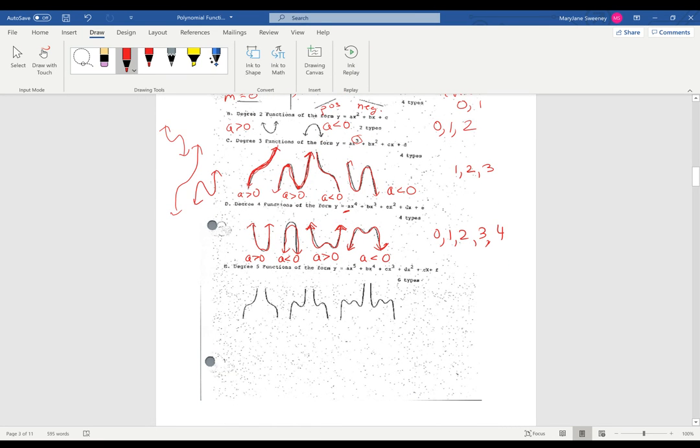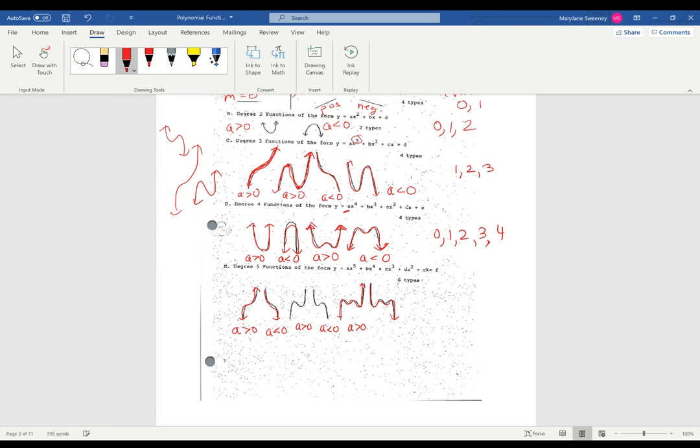Finally, degree 5, if it starts down, ends up. So when it ends up, A is positive. When it ends down, A is negative. This just gets a little more wiggly. Ends up, A is positive.